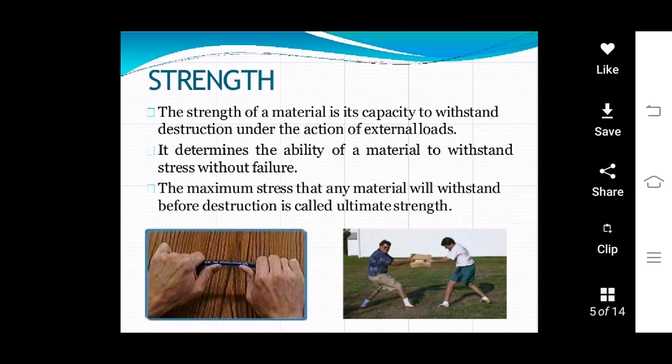The maximum stress that any material will withstand before destruction is called ultimate strength. Means the load at which the material or metal starts breaking or breaks is called the ultimate load, and that strength is called ultimate strength.